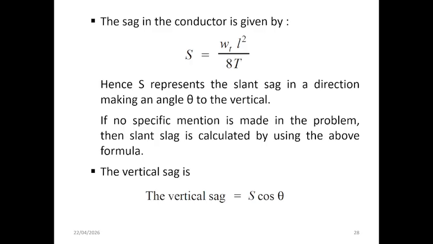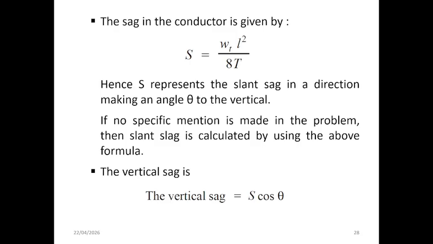It is important to note that this expression represents the slant sag, which is the sag measured along a direction that makes an angle theta with the vertical. In most practical cases, unless otherwise specified, this slant sag is used for calculation.